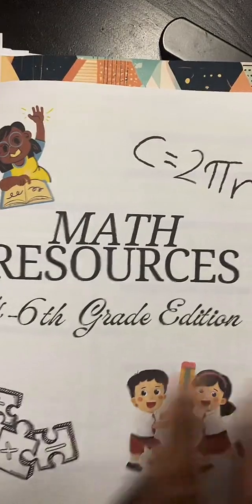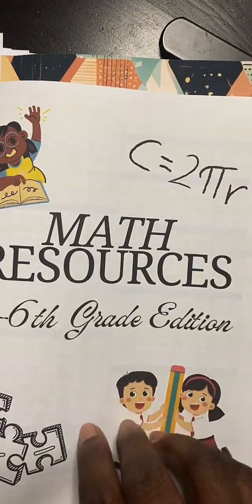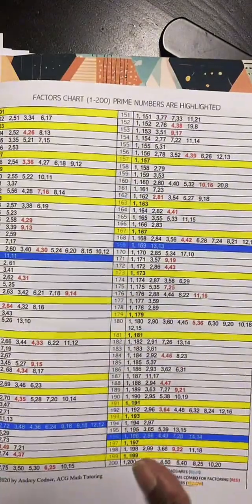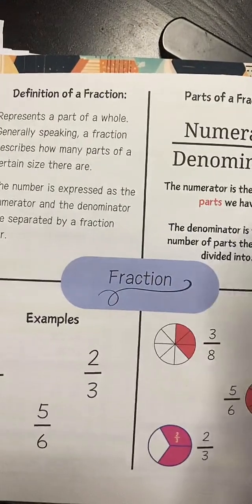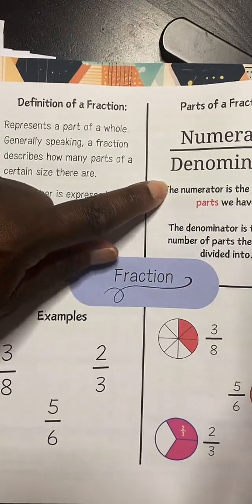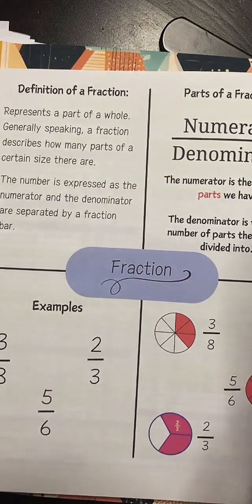Now, they also have their math resources. Very similar. I said 4th through 6th, but I'm going to change that to 3rd. They also have the factor sheet because they do multiplication as well. And then they have the definition of a fraction. They look at the parts of it and the examples of it.